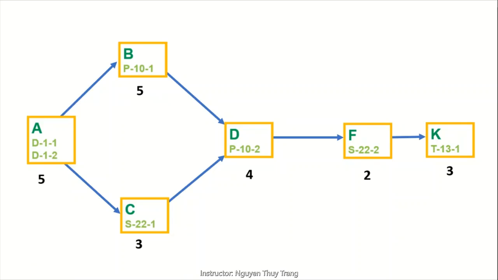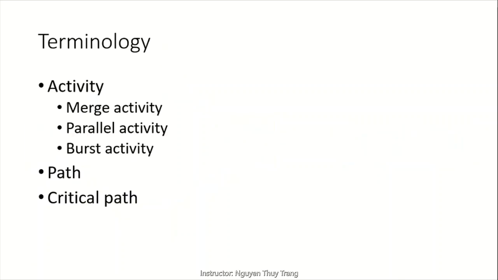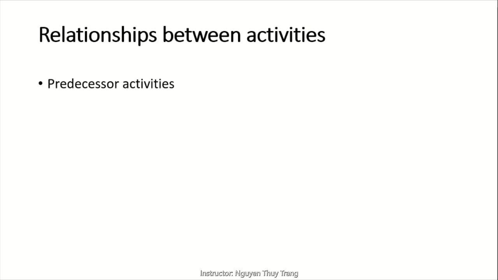To construct a project network and derive essential information from it, you need to get familiar with some terms. They are activity, including merge, parallel, and burst activity, the path, and the critical path. What are they? Before going through these terminologies, we need to clarify some relationships between activities. We have predecessor, successor, and concurrent or parallel activities.